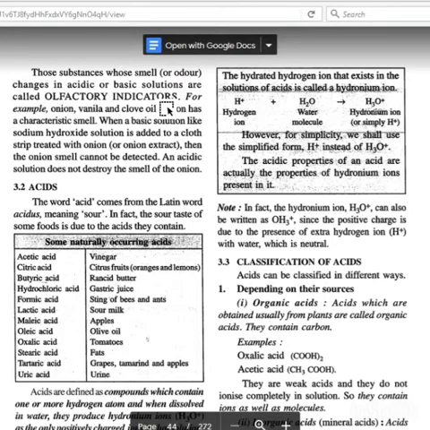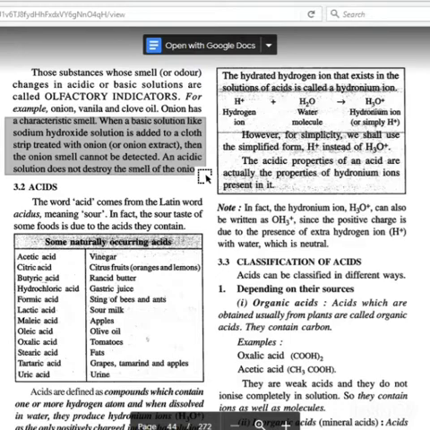With the onion, if we are testing it in acidic and basic solutions, onion has a peculiar odor or smell. In case of an acidic solution, the onion smell will not be destroyed.